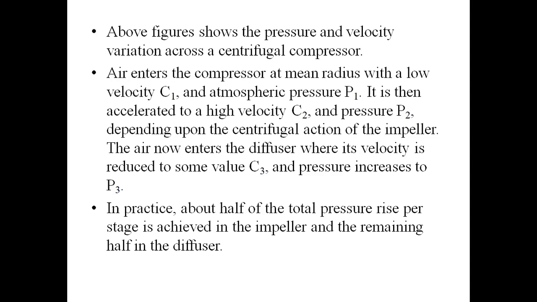The air now enters the diffuser, where its velocity is reduced to some value C3 and pressure increased to P3. In practice, about half of the total pressure rise per stage is achieved in the impeller and the remaining half in the diffuser.